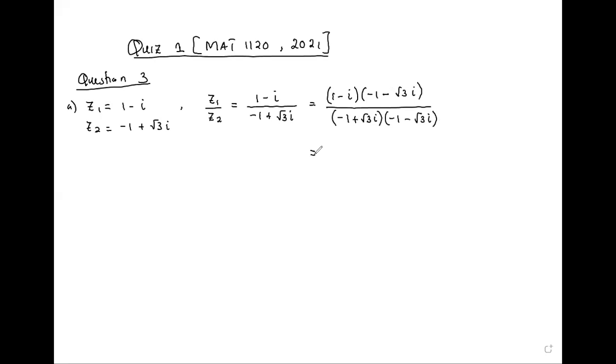which then becomes 1 multiplied by negative 1 on top, we get negative 1 minus root 3I, and then negative I multiplied by negative 1, we get plus I. Negative I multiplied by negative root 3I, we get positive root 3I squared.